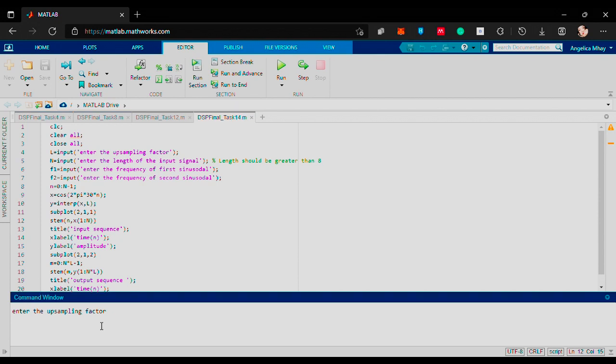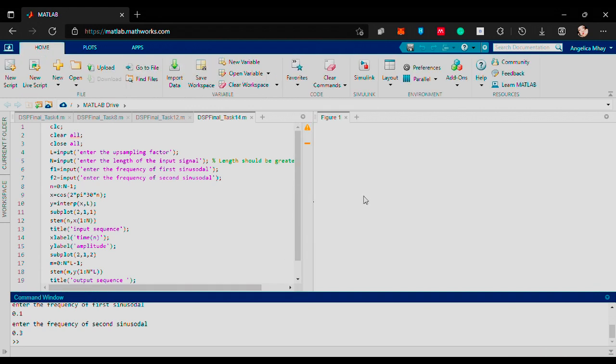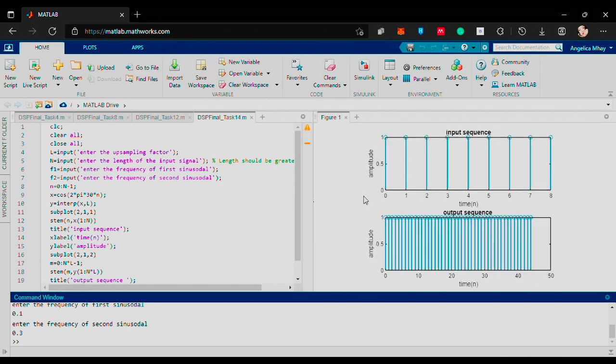For the upsampling factor, we're just going to use the last input for the laboratory, which is 5, then 9, since it should be greater than 8, and then 0.1, and lastly 0.3.